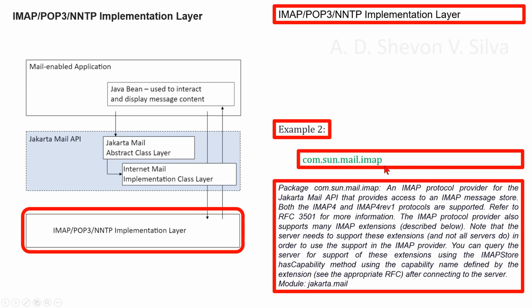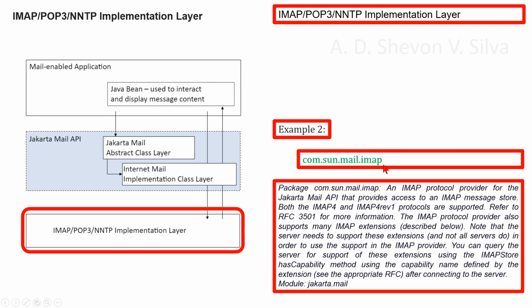As an example 2, we can consider package com.sun.mail.imap. An IMAP protocol provider for the Jakarta Mail API that provides access to an IMAP message store. Both the IMAP4 and IMAP4 revision 1 protocols are supported.